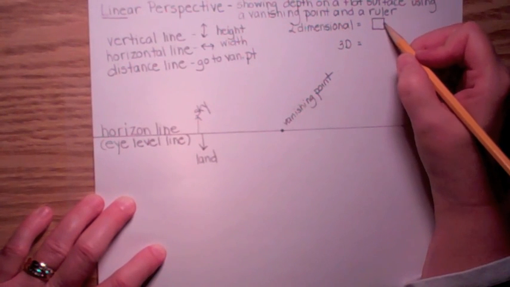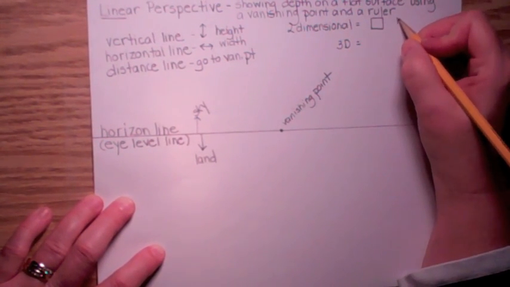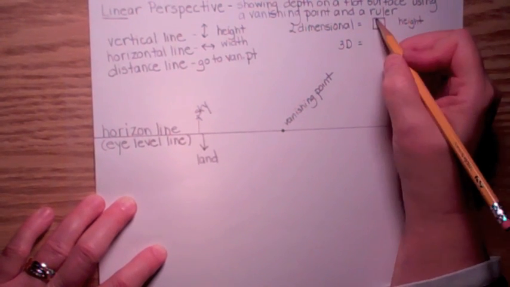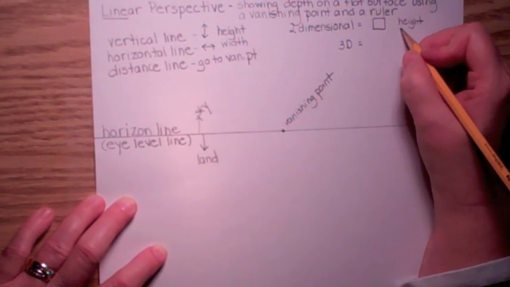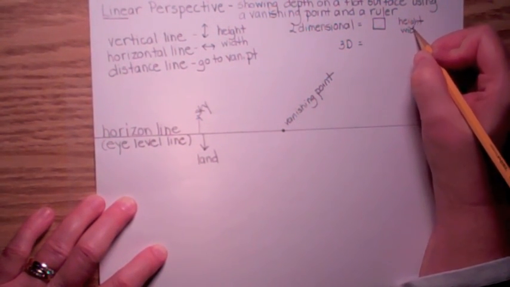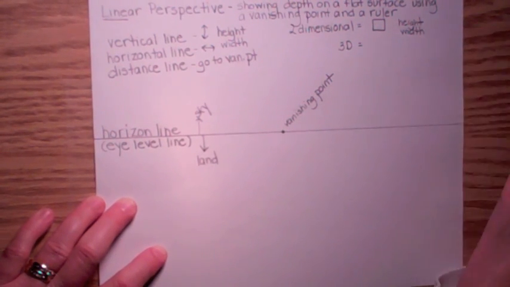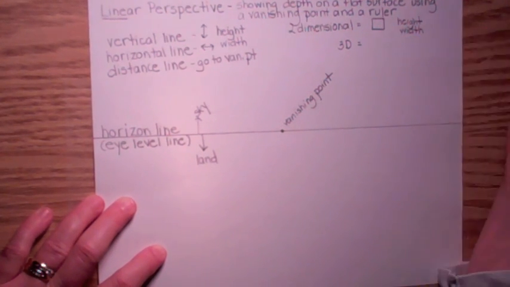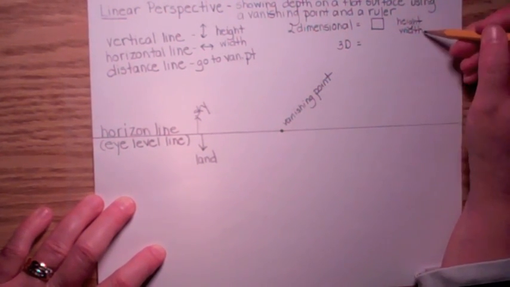Notice it has vertical lines, which means it shows height. It has horizontal lines, which means it shows width. So if I ask you what the 2 measurable dimensions of a 2-dimensional object are, you would tell me height and width.